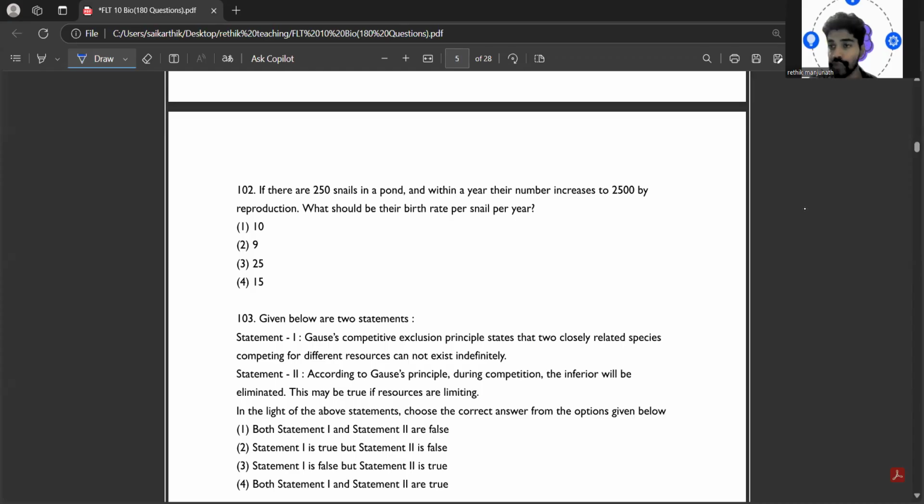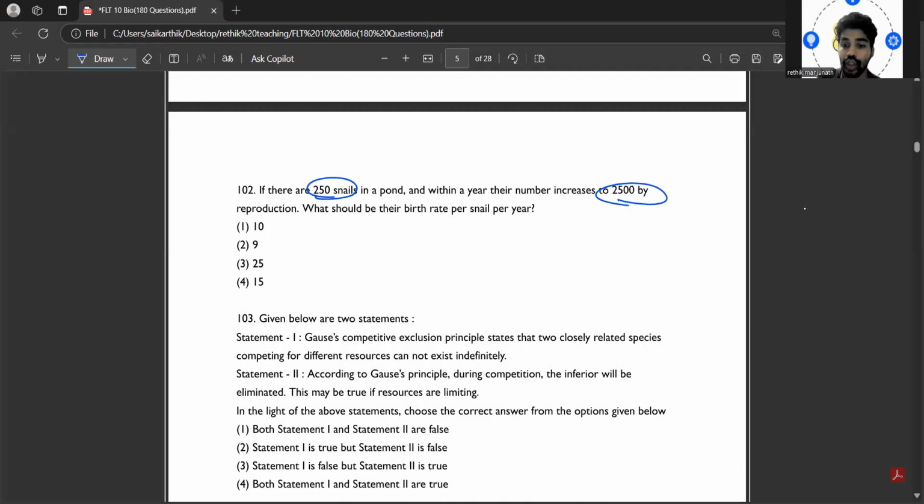It is from organisms and population, a numerical based question. If you want to be away from mathematics, here the mathematics comes. The initial number of snails given is 250, and the final number of snails after reproduction will be 2500.